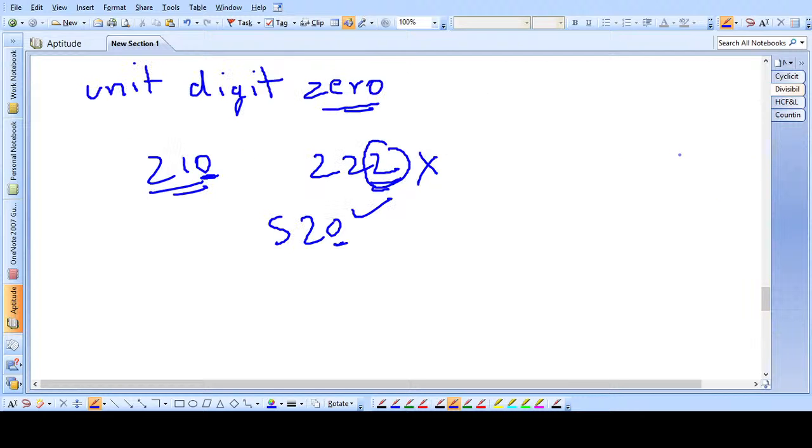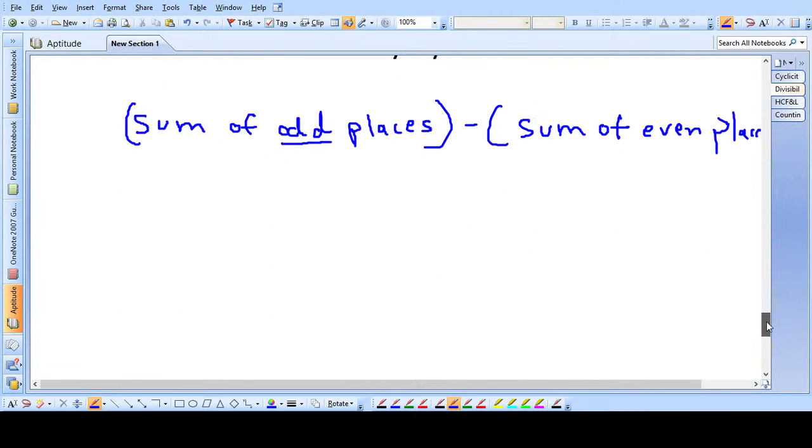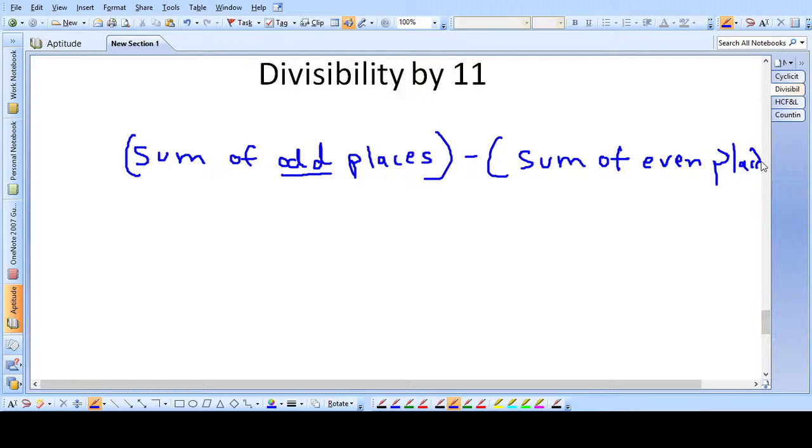Then the number which comes should be divisible by 11, or it can be 0 also. It can be either 0 or divisible by 11, then only the whole number is said to be divisible by 11.